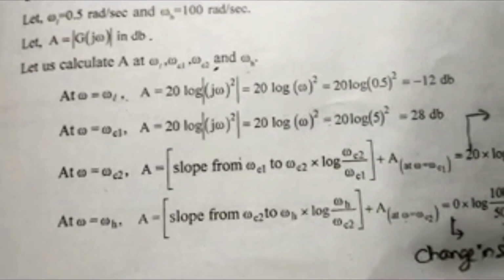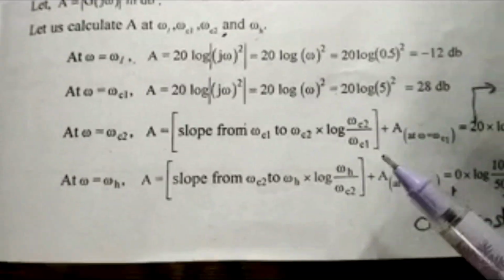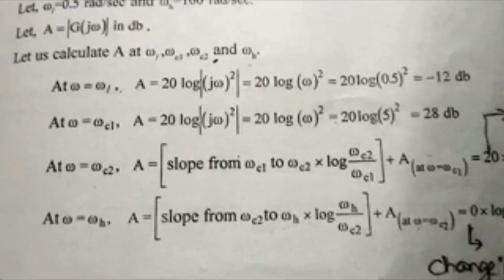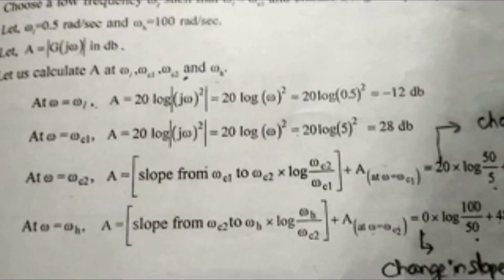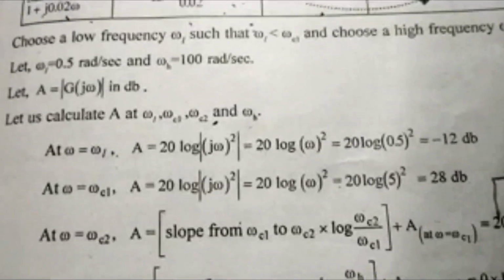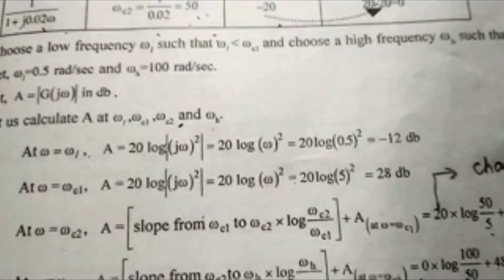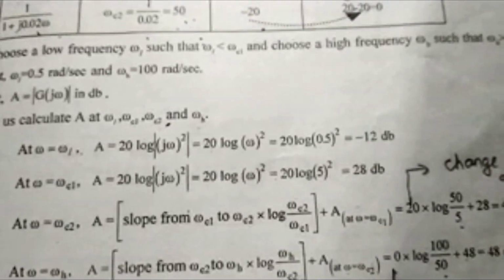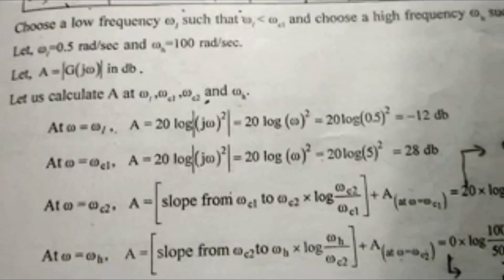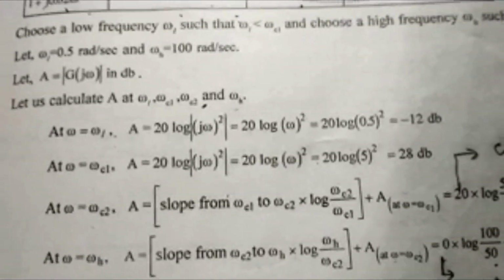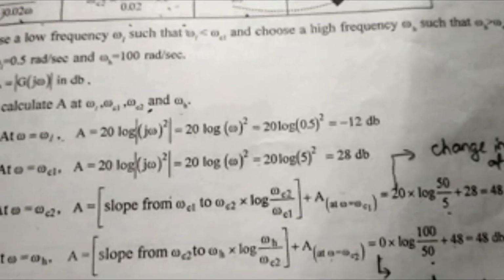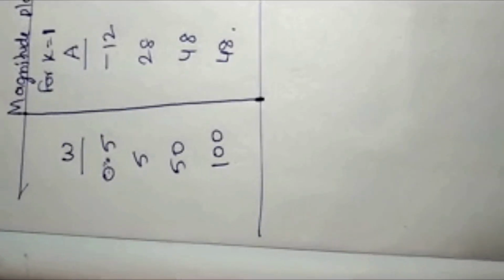C2 and H represent omega C2 and omega H. For these two we calculate magnitudes using the formula change in slope at C1 into log C2 by C1 plus the gain at C1. Next formula: at omega equal to omega H, change in slope at omega C2 into log omega H by omega C2 plus the gain at omega C2.